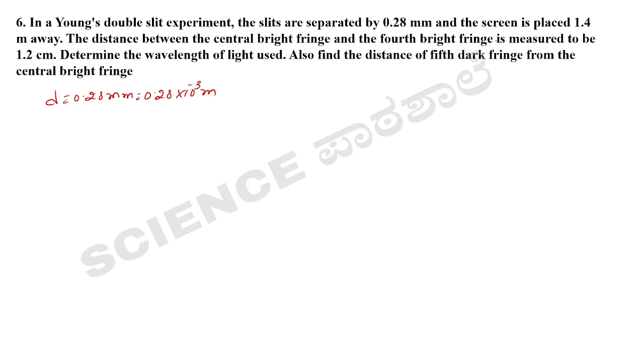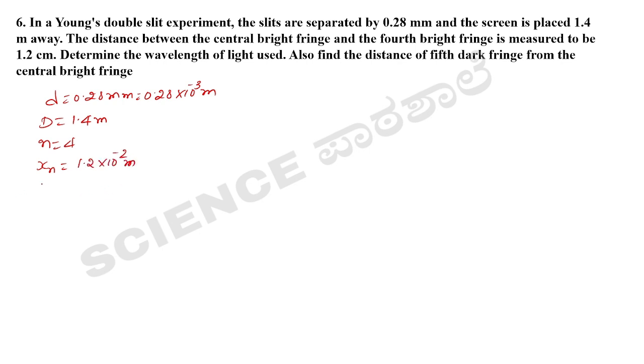The screen is placed 1.4 meter away, capital D, so how much? 1.4 meter. The distance between the central bright fringe and fourth bright fringe, n they have given. N how much? 4. And xn they have given, xn is 1.2 into 10 raised to minus 2 meter.